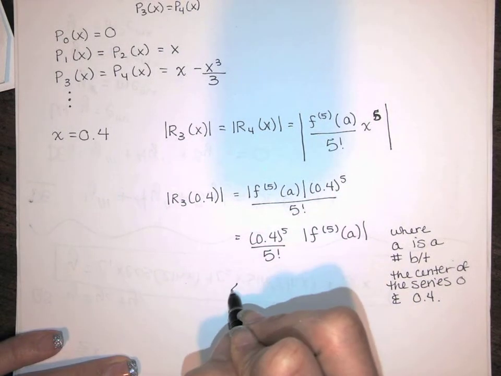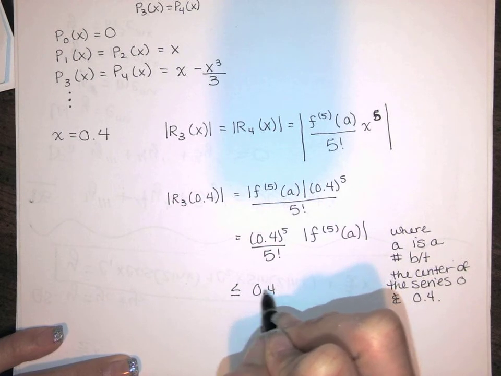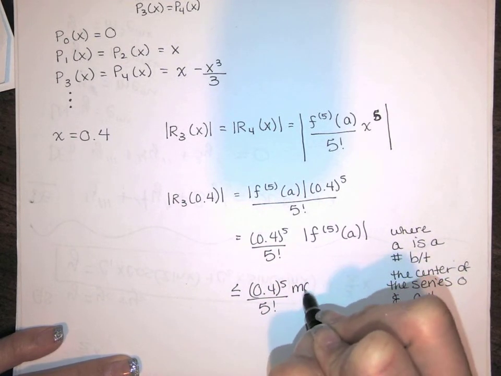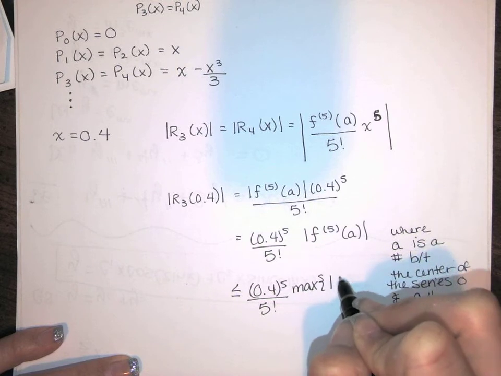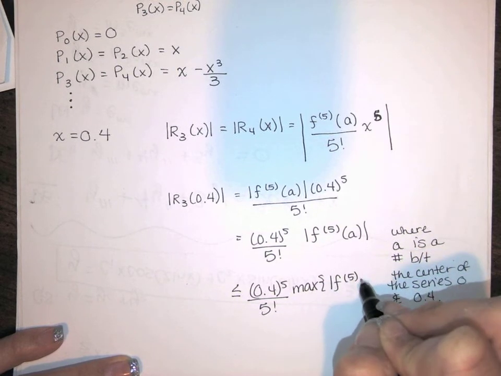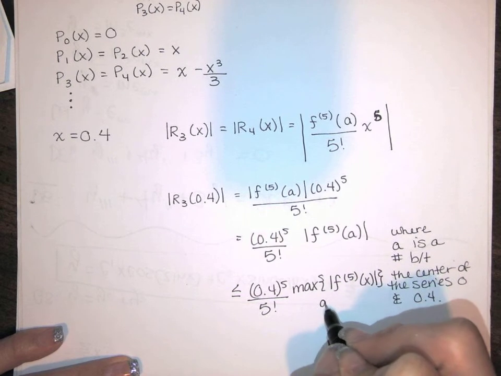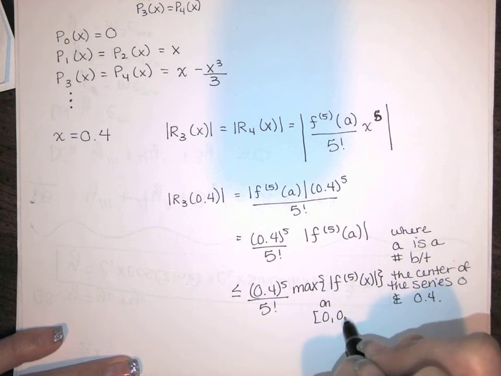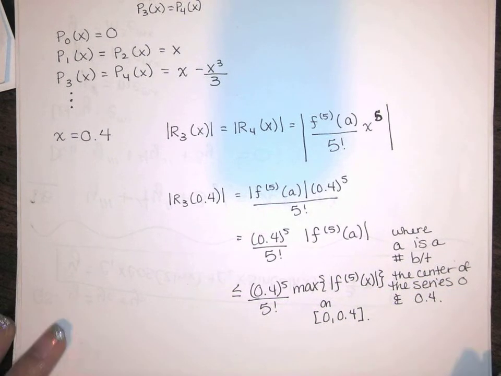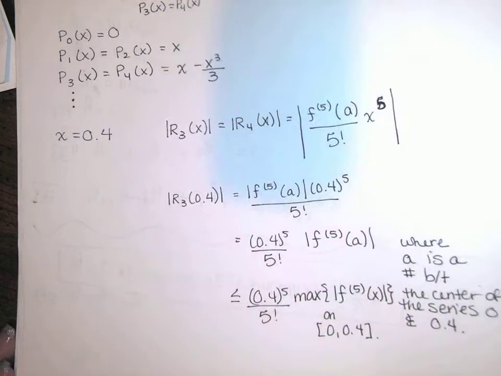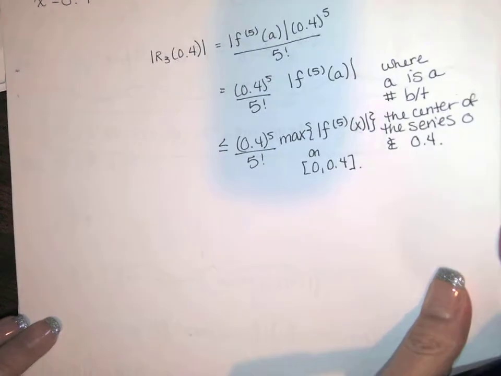So this will be less than or equal to this number times this number times the maximum value of the absolute value of the fifth derivative of x on the interval from 0 to 0.4. So it looks like we're going to have to find the fifth derivative and then find the maximum value of that fifth derivative on the interval from 0 to 0.4. So okay, we can do that.